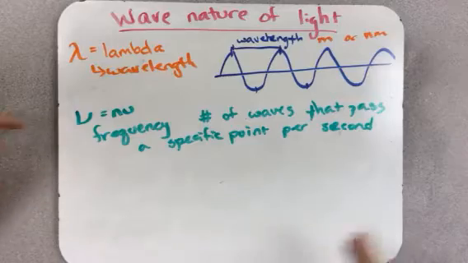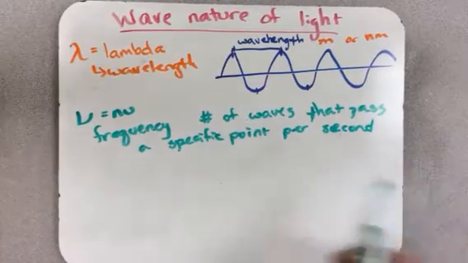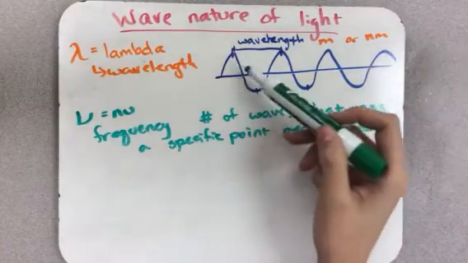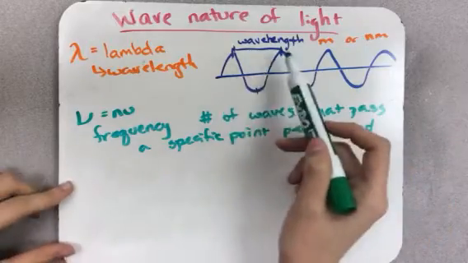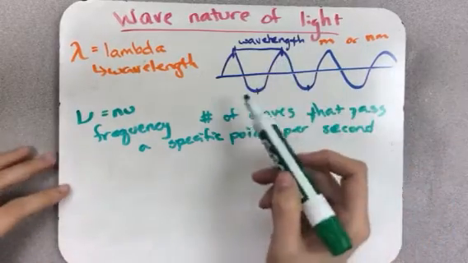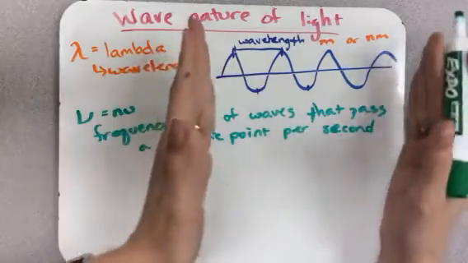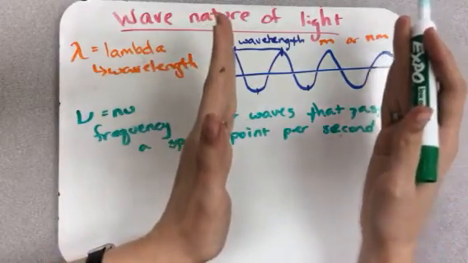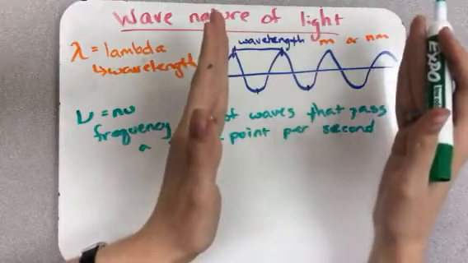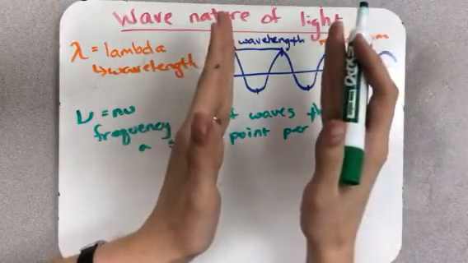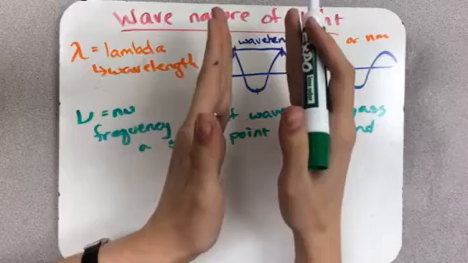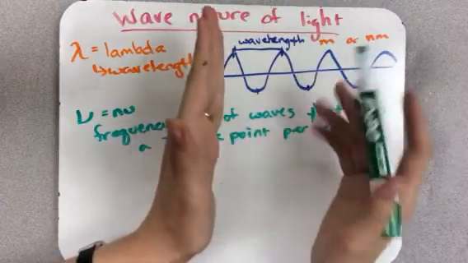Okay. So something to conceptualize here is that if you have this wave right here, it has some set wavelength, and the frequency is going to be dependent on that wavelength. What if we squish these waves together so that now we have a shorter wavelength? We have squished the distance between these two waves, so now it's a little shorter.